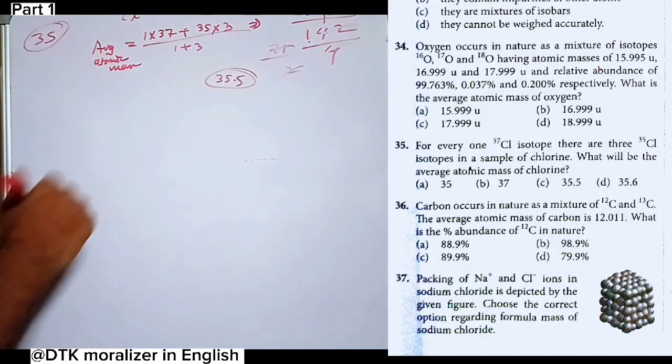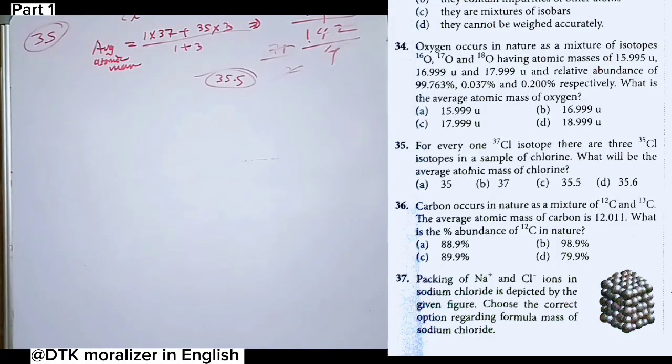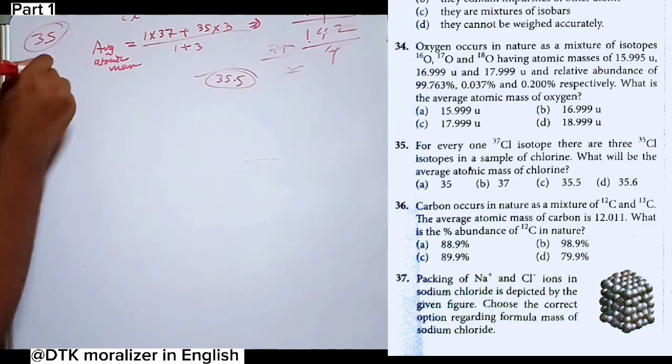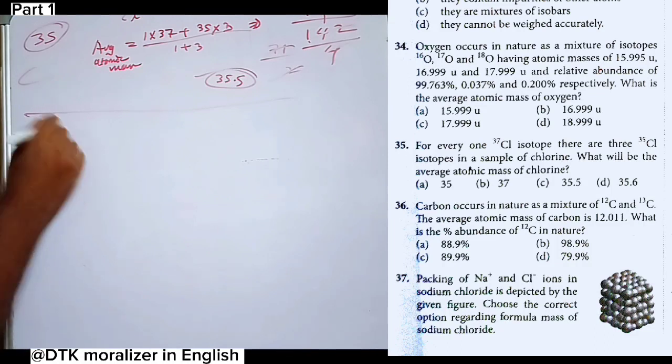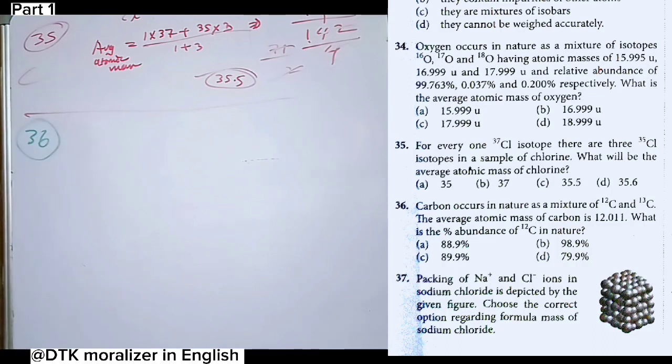So 142 by 4. Here the average atomic mass is 35.5. So option C is right.